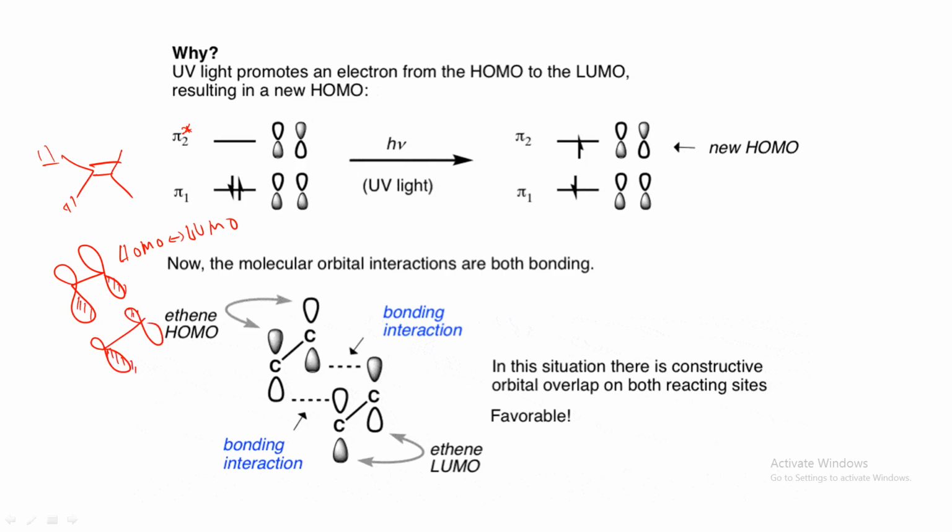So let's write it like that, and the LUMO of the molecule would be this one. So when we do this, one connection is fine, but here we need this kind of thing. So suprafacial bond formation is not possible.